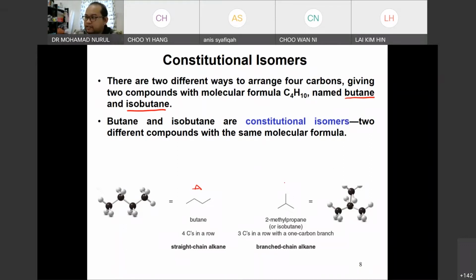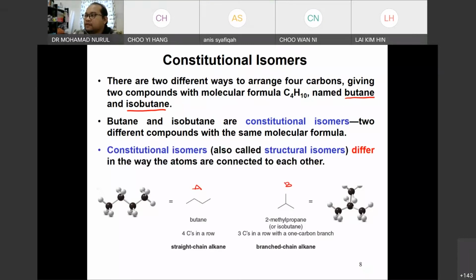This is the branched one, okay, of alkanes. If we call isopropane, isobutane, you know how to do it, okay. Isopentane. Okay, you have to understand the definitions. Constitutional isomers or structural isomers differ in the way atoms are connected to each other.